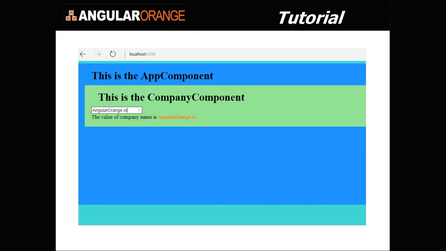component, and that company component will have a text field in its template, and when you type in a company name, what will happen is the value in the input field would be bound to the component backing object, which is a TypeScript object class, and then when the value of that backing instance attribute changes, then we're going to have it bound to the template, and that value will show up in orange, and you'll see angularorange.io on the template in orange.